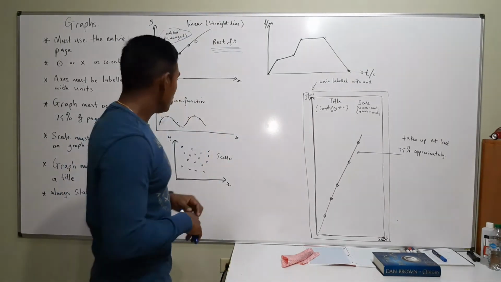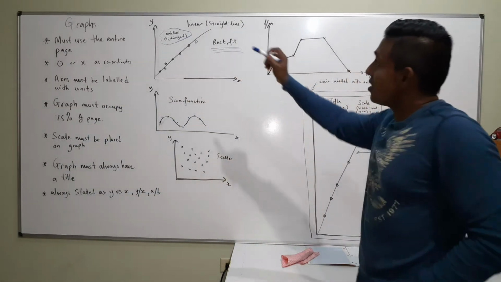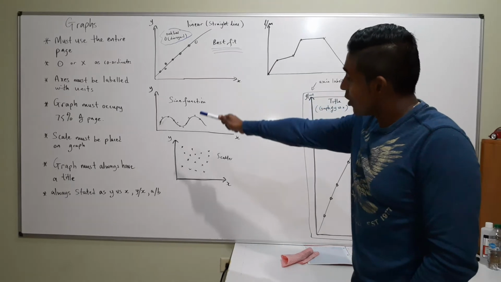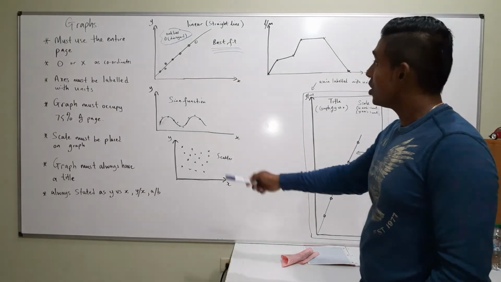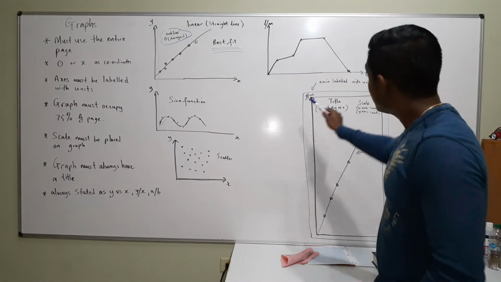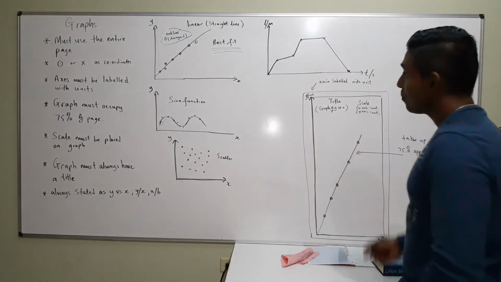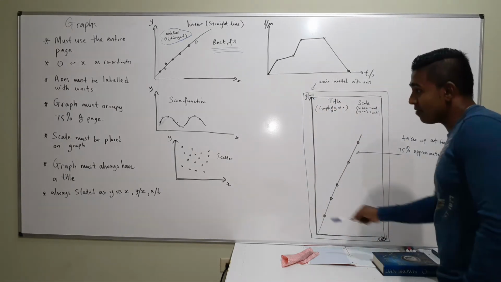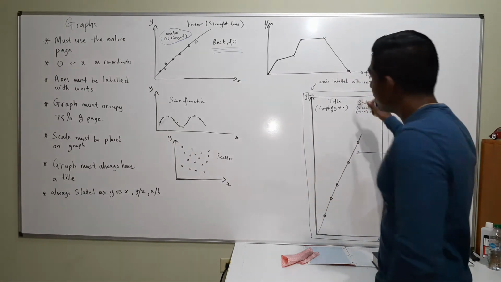So a couple of things to remember again, these are the things that I required of you when you plot a graph. Must use the entire page. We use a dot with a circle or an X. Axes must be labeled and the unit that you're plotting must be there. The graph must pick up 75% of the page. The scale must be placed on the graph.